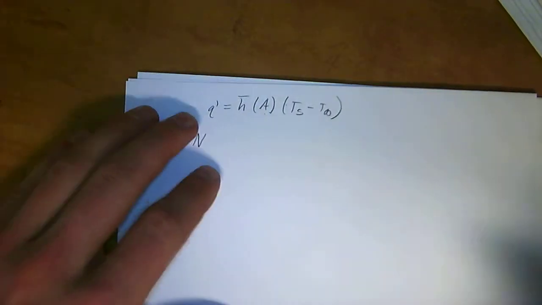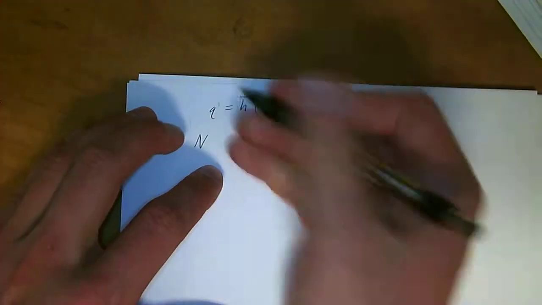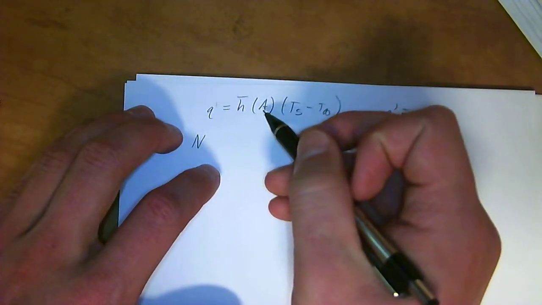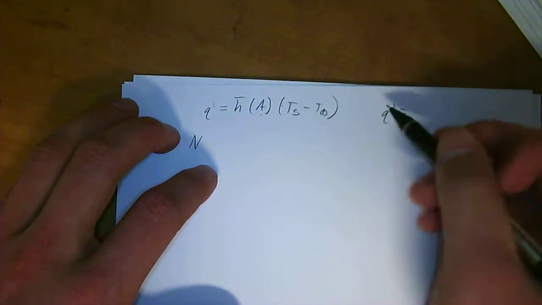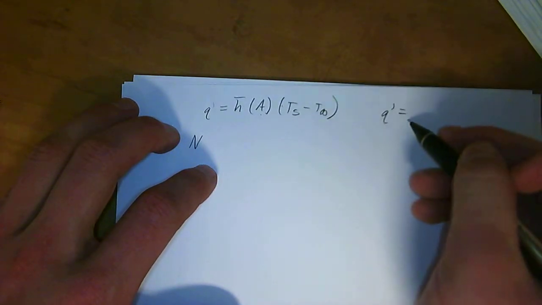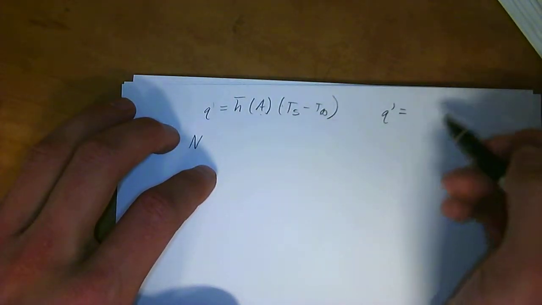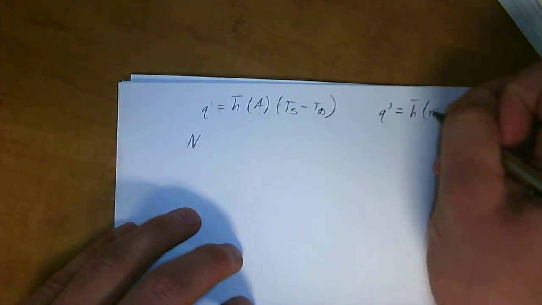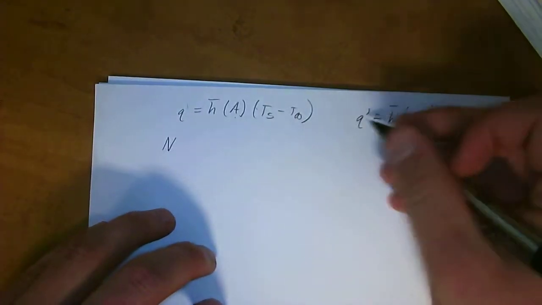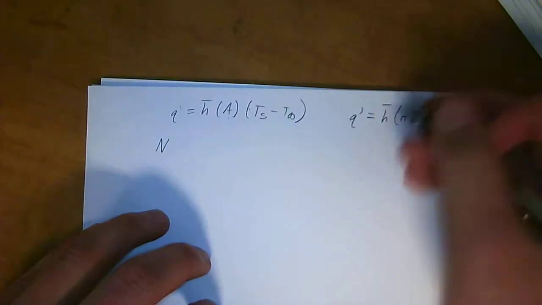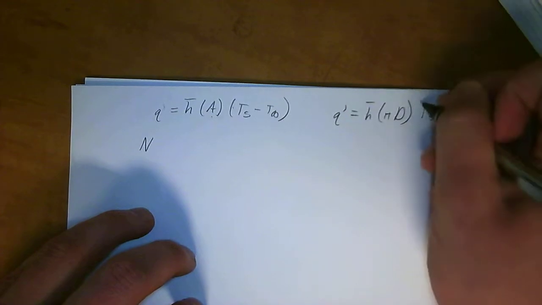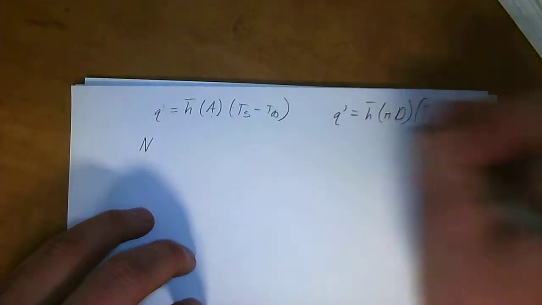Well, Q is equal to that times the area, but when you go into Q dot, you divide by the length, which is the surface area of the cylinder, so the resulting value is going to be the circumference of the cylinder, which is h bar times pi times d, because if you divide by L all the way through, then you get Q flux times Ts minus T infinity. So this is the equation that we're going for.